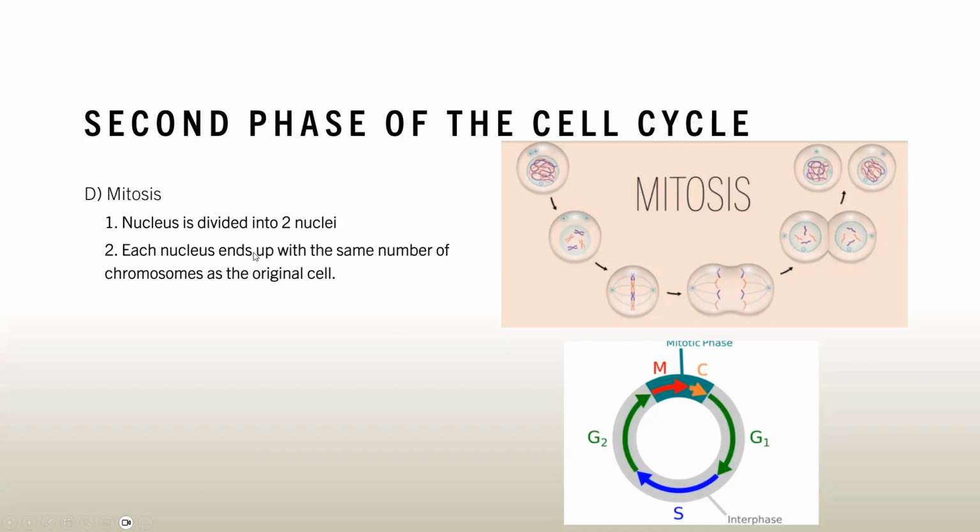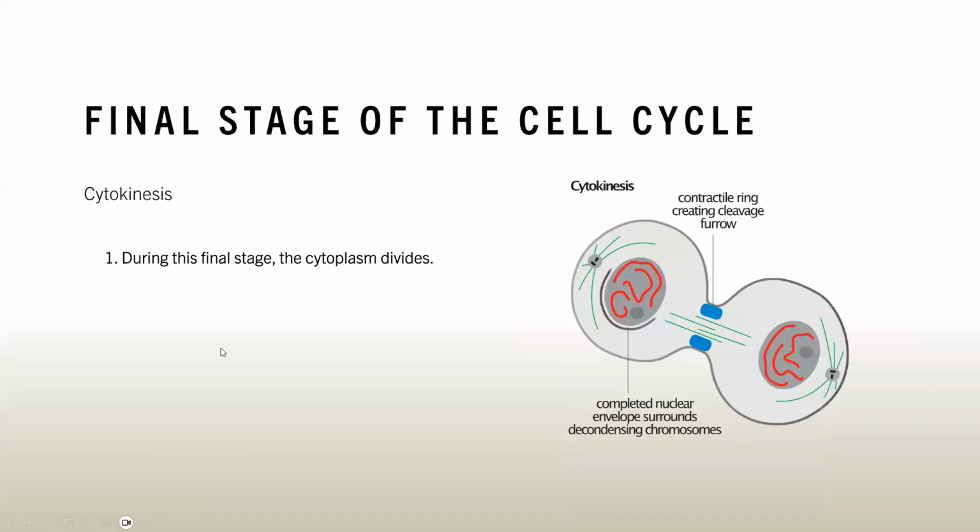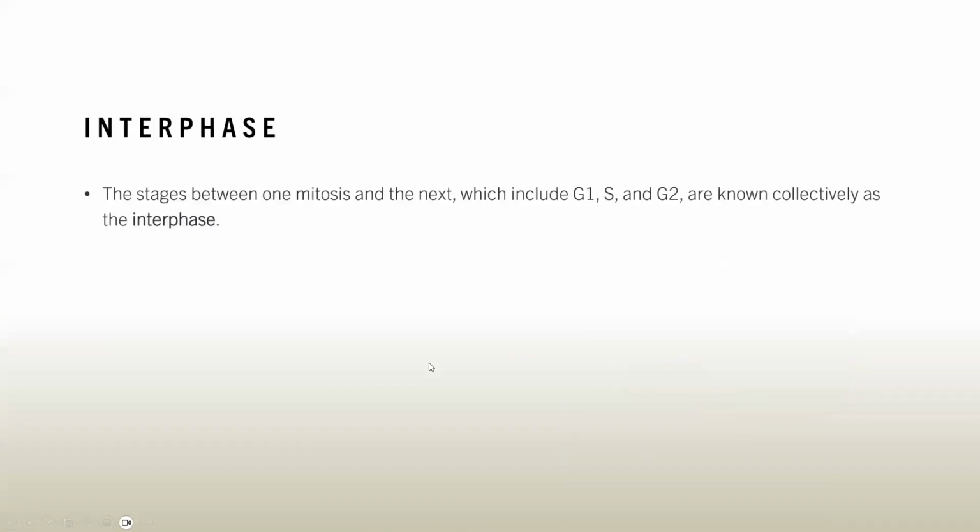Each nucleus ends up with the same number of chromosomes as the original cell. This phase includes prophase, metaphase, anaphase, and telophase. Finally, there will be cytokinesis, and during this final stage, the cytoplasm divides equally between the 2 daughter cells.